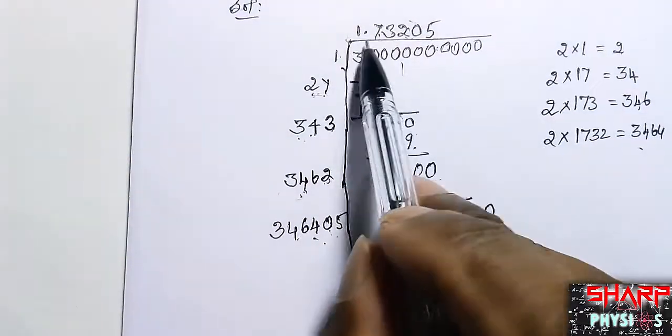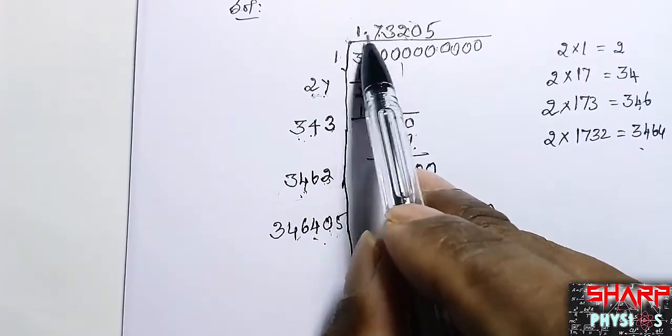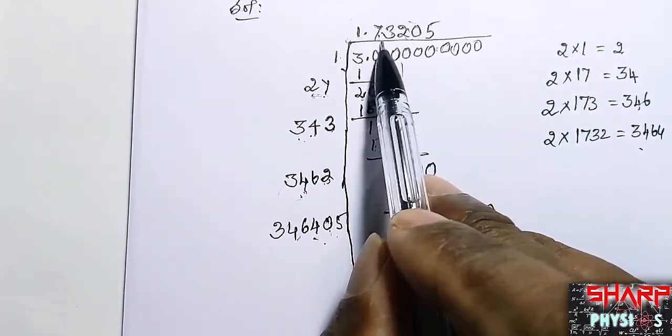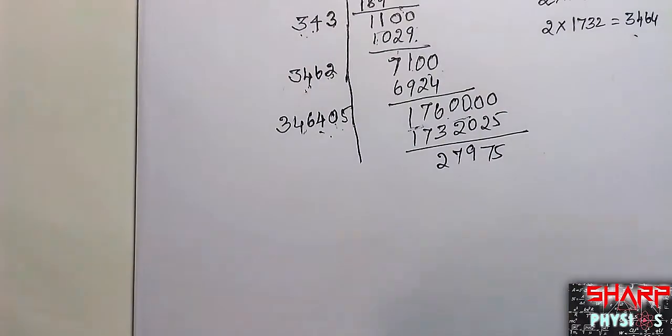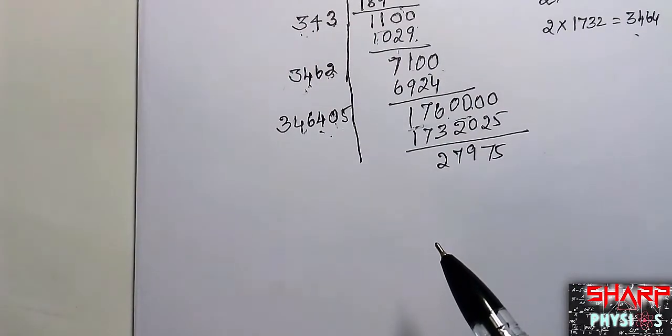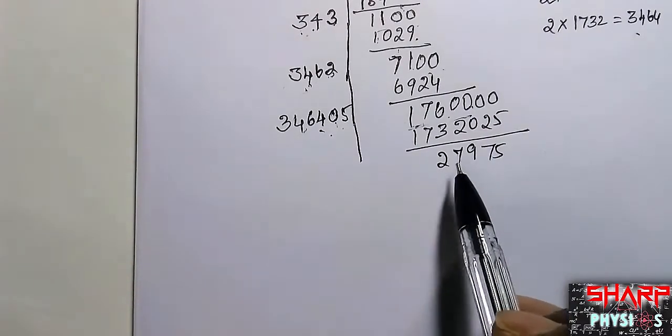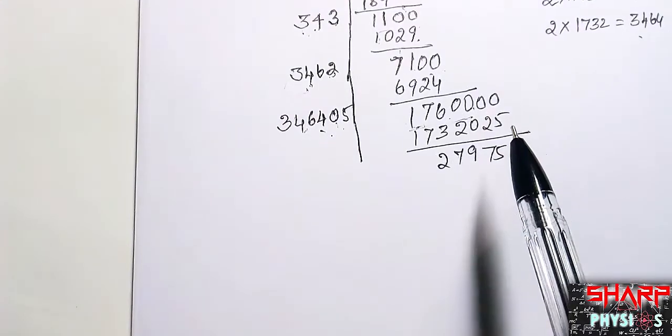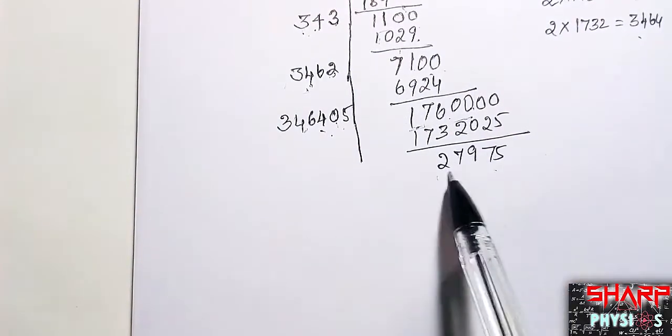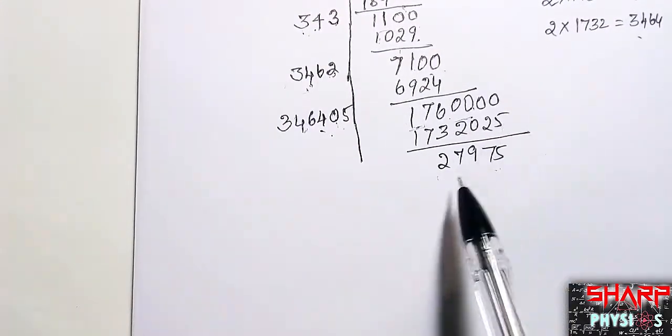So you can stop just after the decimal. If you get around 4 digits, you can stop, because it will not terminate, it keeps on going. It will not terminate and it will not repeat either, so it keeps on going.